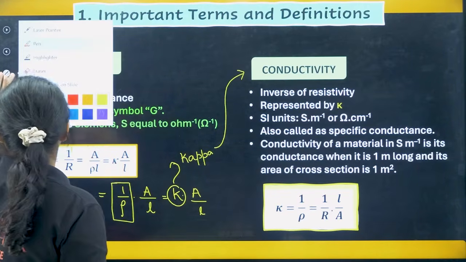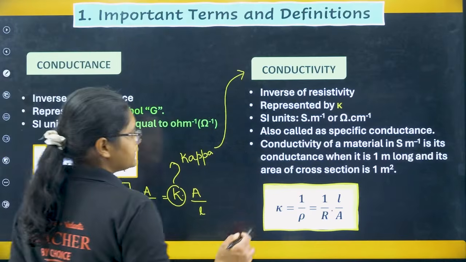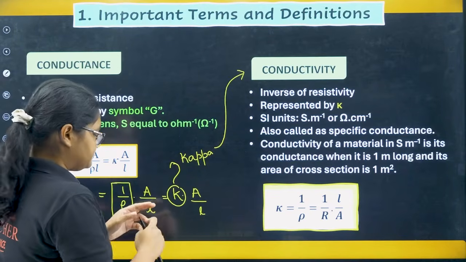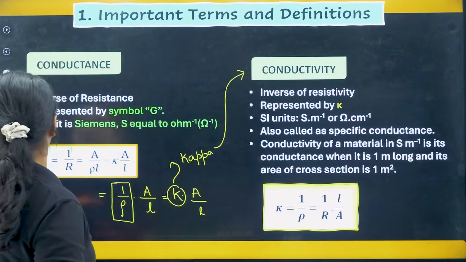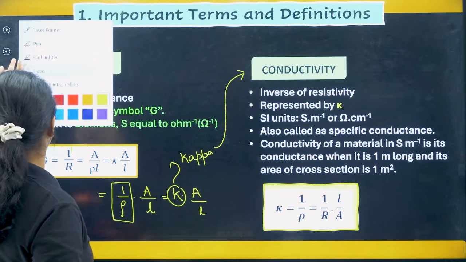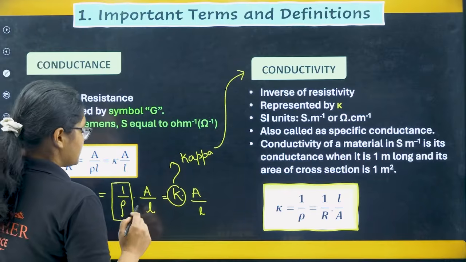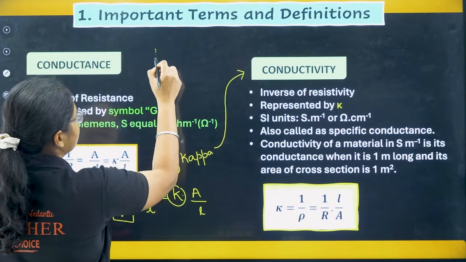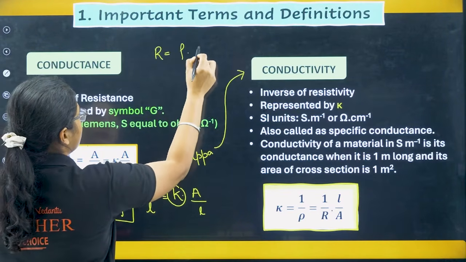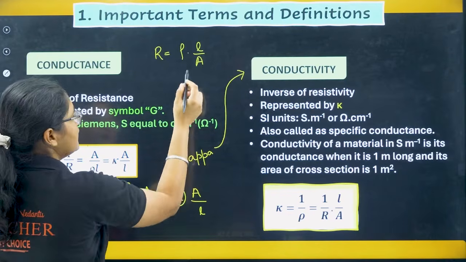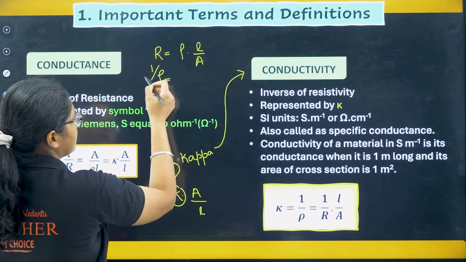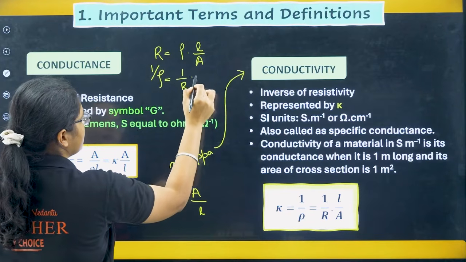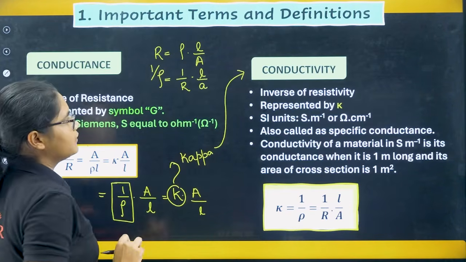Then what is its unit? Let me just derive the units here. R is equal to rho into L by A, right? Then 1 by rho that I have taken is equal to 1 by R into L by A, right?